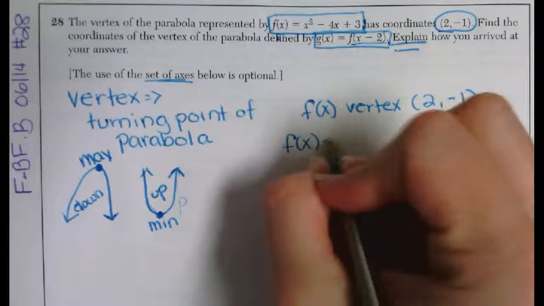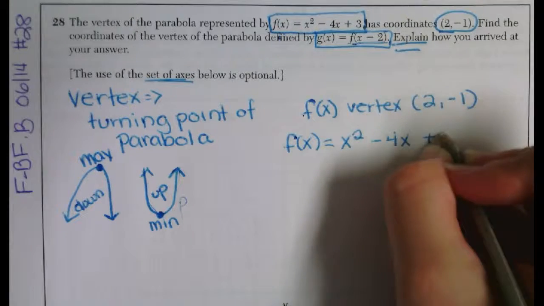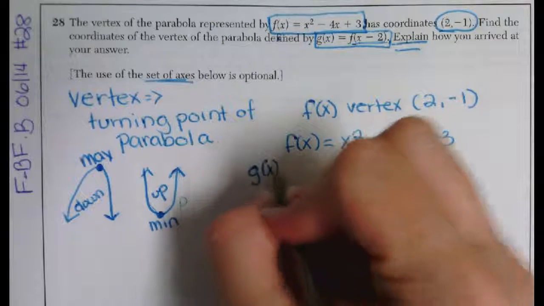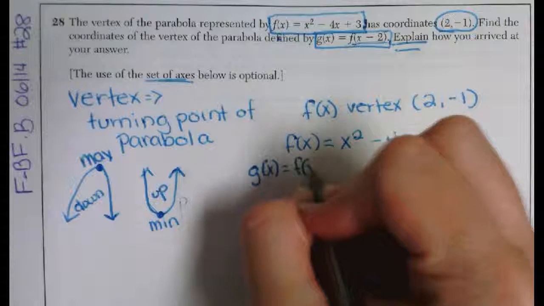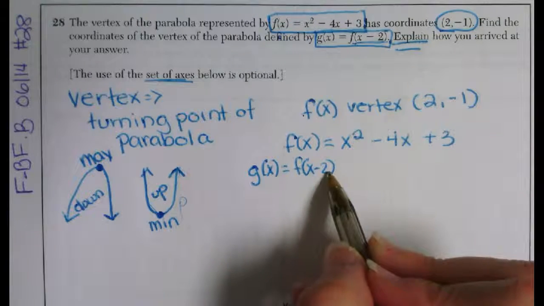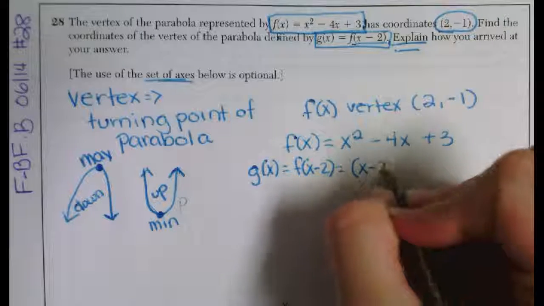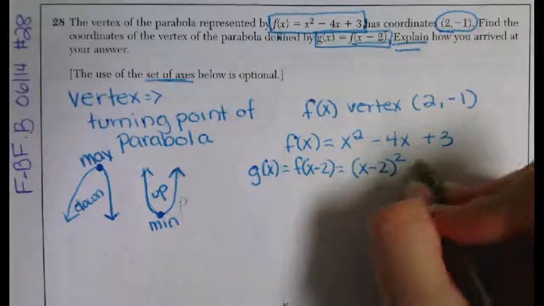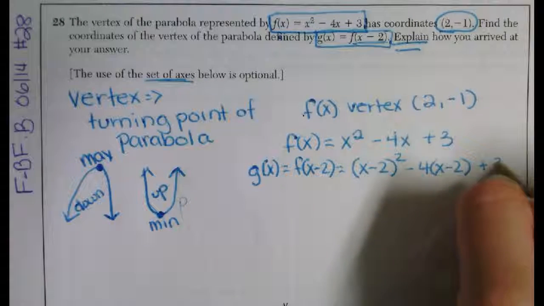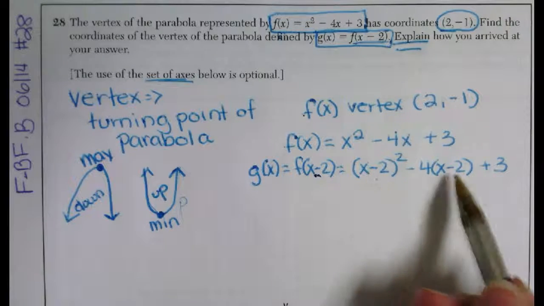F of x equals x squared minus 4x plus 3. Now g of x is going to equal f of x minus 2. So anywhere that I used to write x, now I'm going to write x minus 2. So that's going to equal x minus 2 squared minus 4 times x minus 2 plus 3. All I did is I took whatever was here and I plugged it in for x.